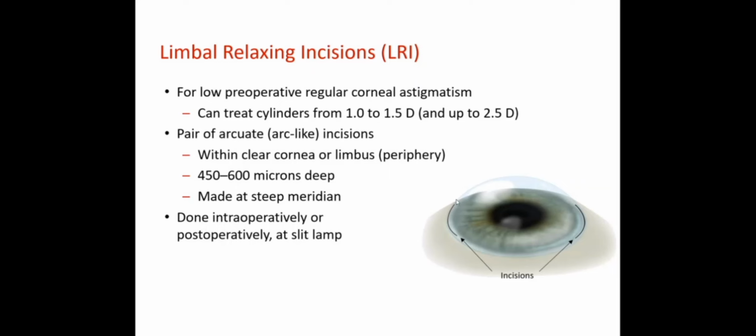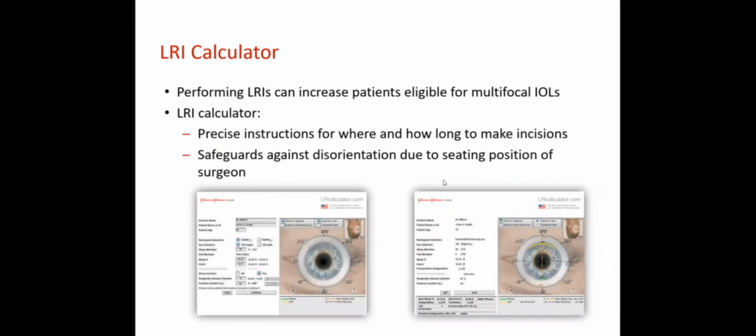It's usually done in the limbus area, and it's not cut through the cornea, just about 90% depth of the cornea, and meets at the steep meridian. Okay, so this can also be done at the clinic with the slit lamp or intraoperatively.